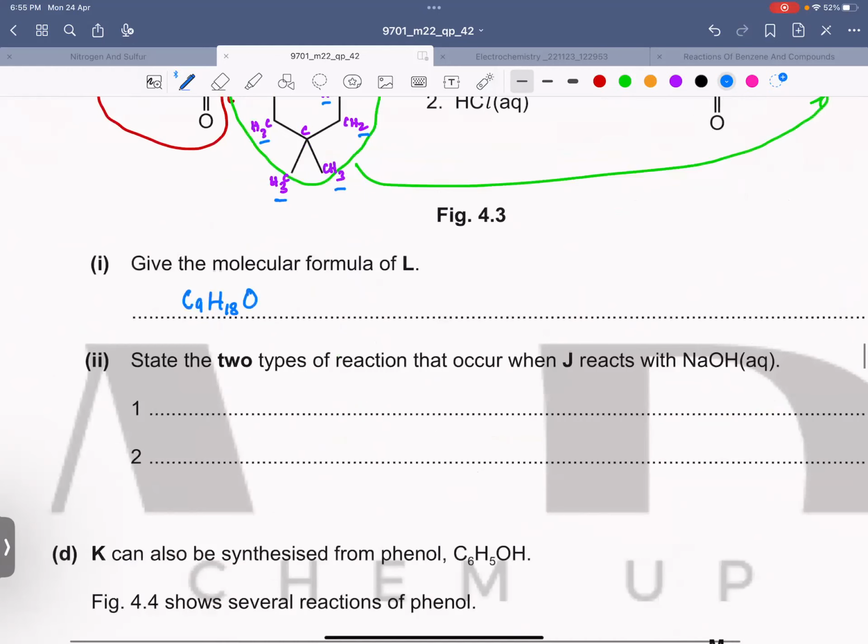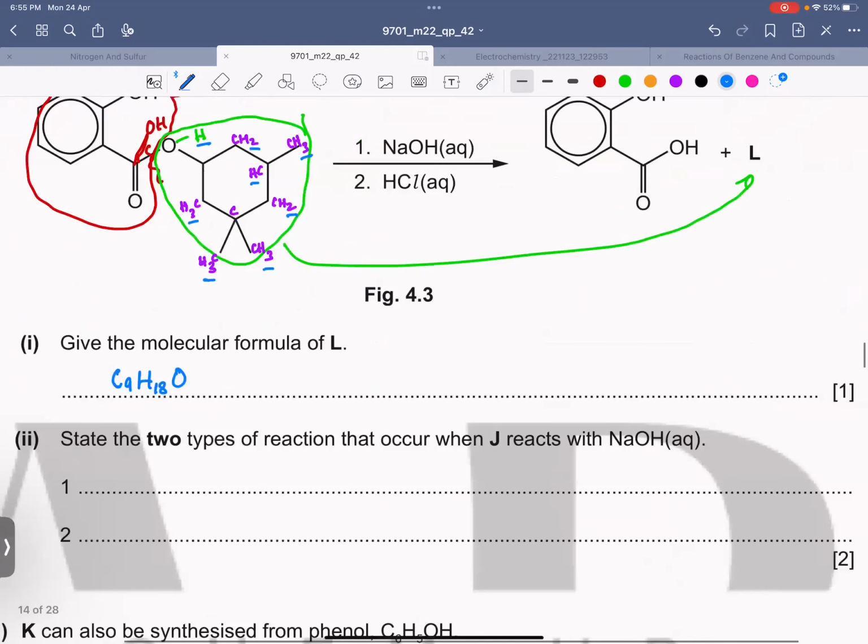Sir, how is this CH3 on the left side? Where? On the left side. Okay, it's the CH2. Yeah, it's CH2. Let me count again. Sorry. So this is CH3.